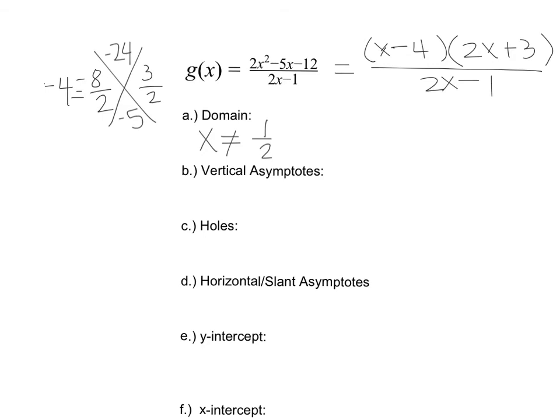So there is no common factor that's going to cancel in our numerator and denominator. So our vertical asymptote is going to be at x equals 1/2.